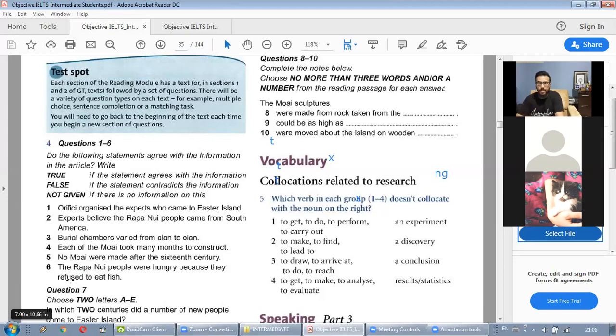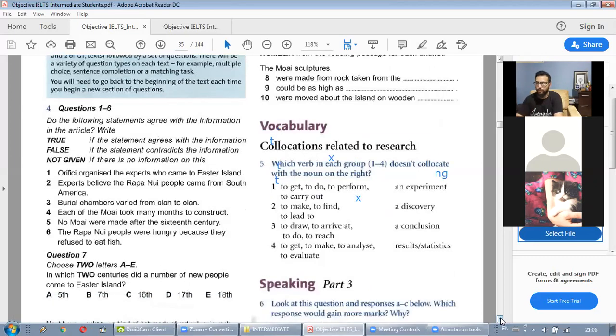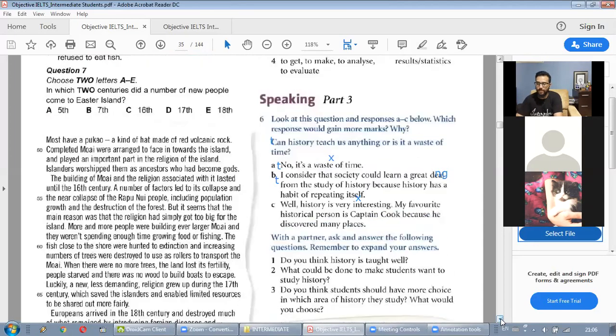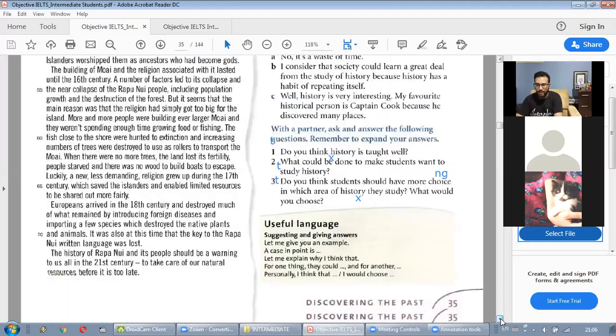Or it could be that they're not talking about the Rapa Nui. They're talking about some other people. So these are the two variables I think they can play with to make it true or false or not given. Let's go to the text. So here it says they refused to eat fish. That's why they went hungry. Now, what does it say here?